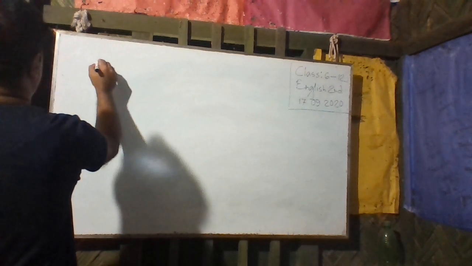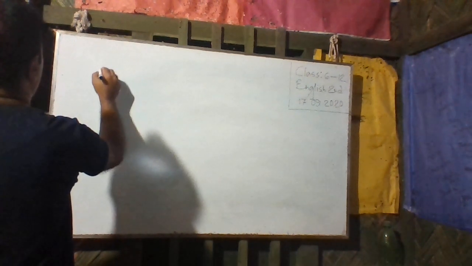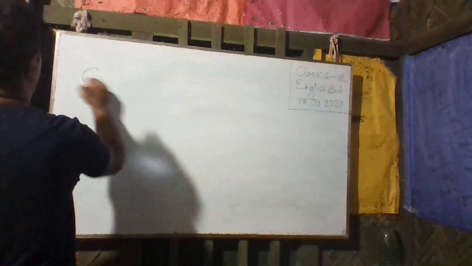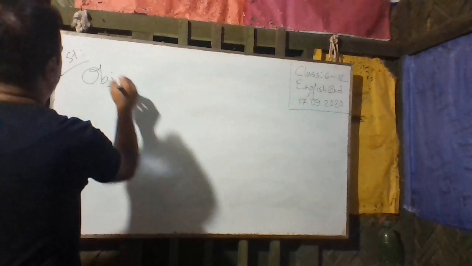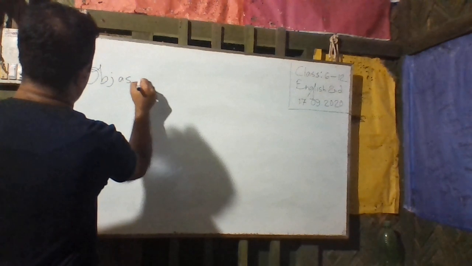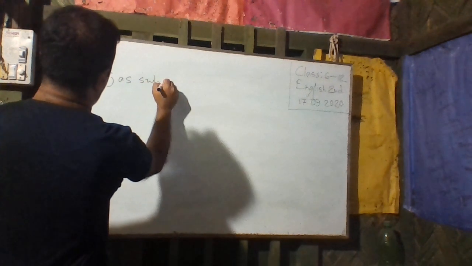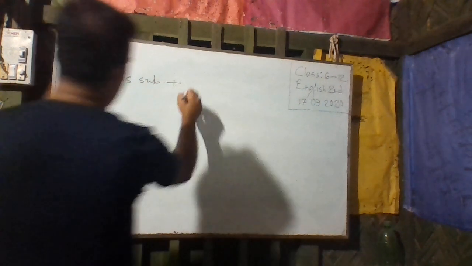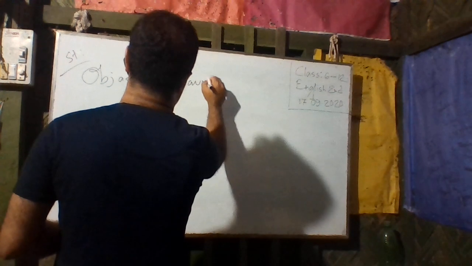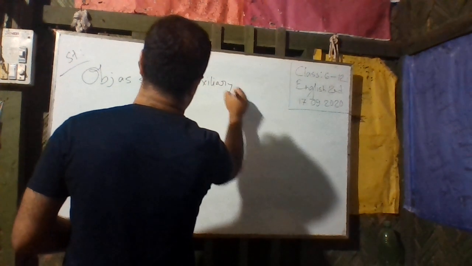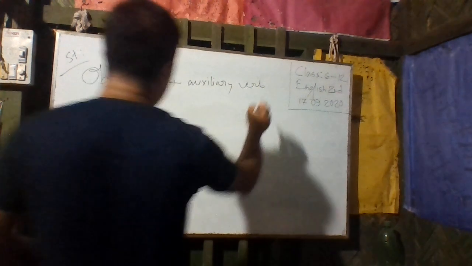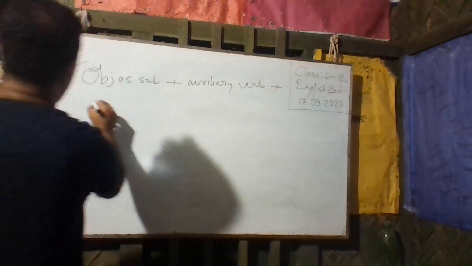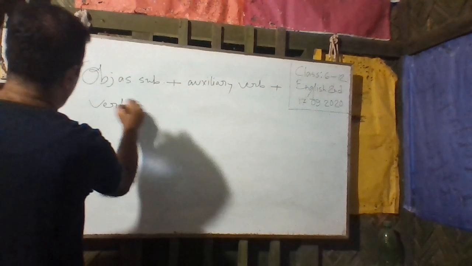I'll write the structure. Object as subject. Then auxiliary verb. Then verb in past participle.